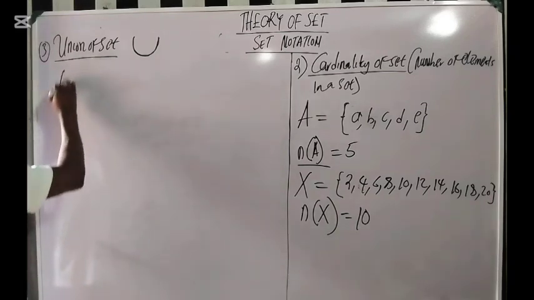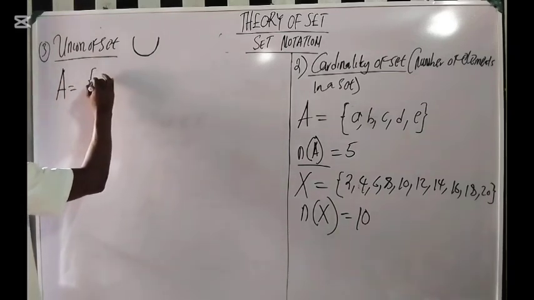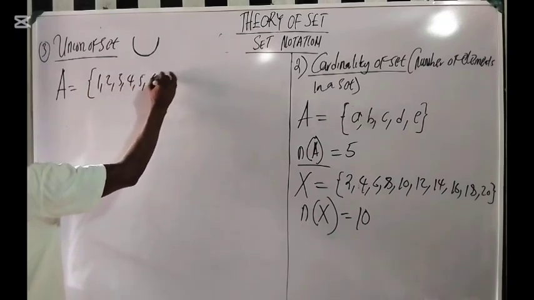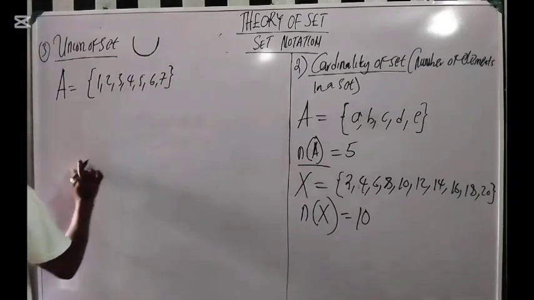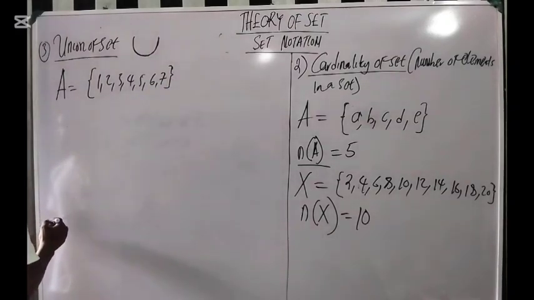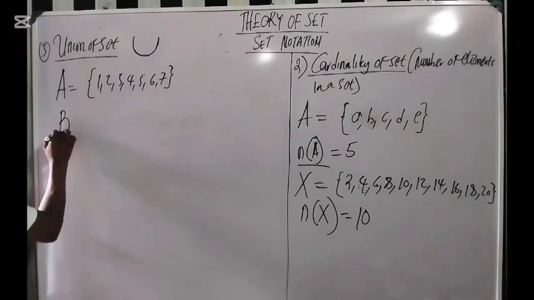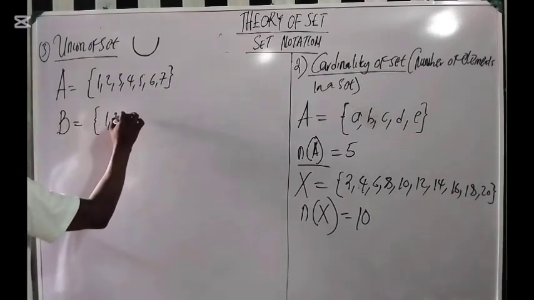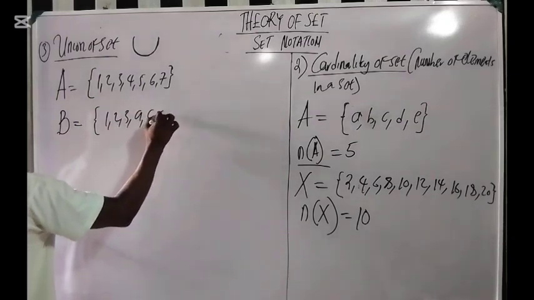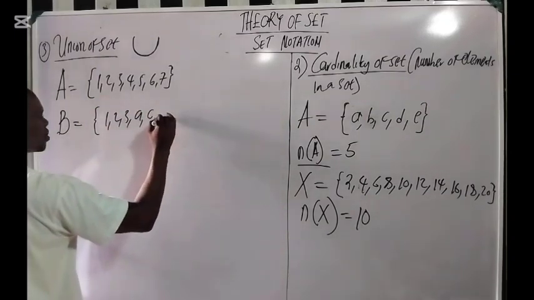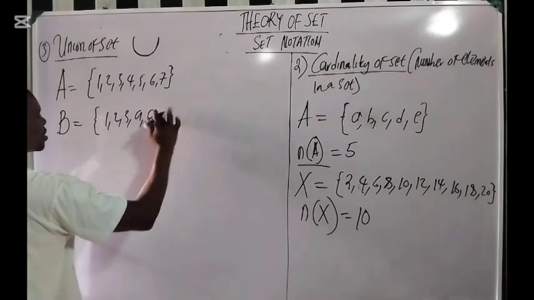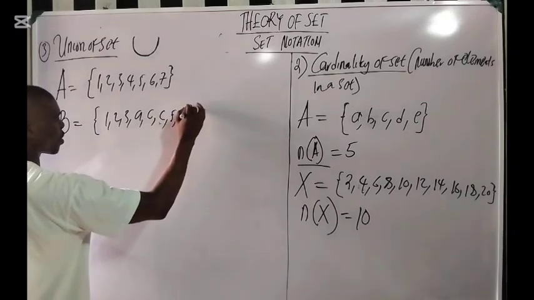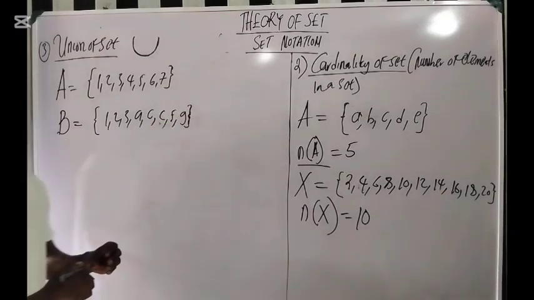Now let me explain to you here. For example, here we have A: 1, 2, 3, 4, 5, 6, 7. Then B is equal to 1, 2, 3, A, C, A, C, F, and G. I'm just taking random elements here.